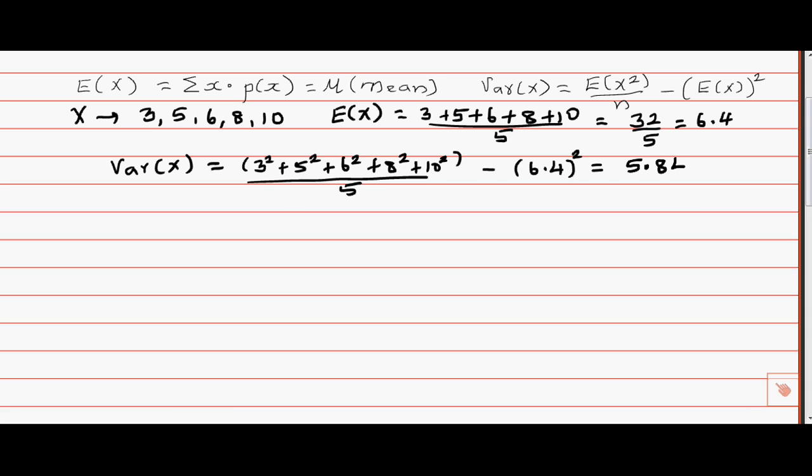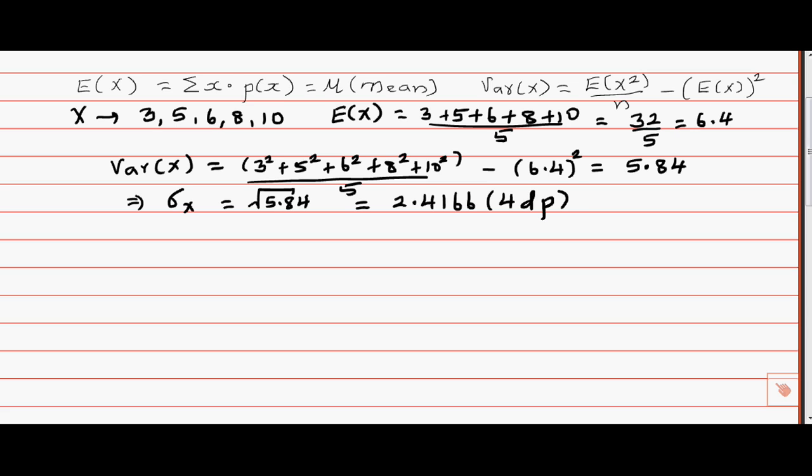Now just to confirm, this implies the standard deviation of x is square root of 5.84, which I worked out on a calculator, is 2.4166. This is to 4 decimal points.